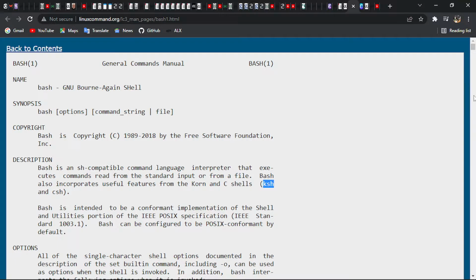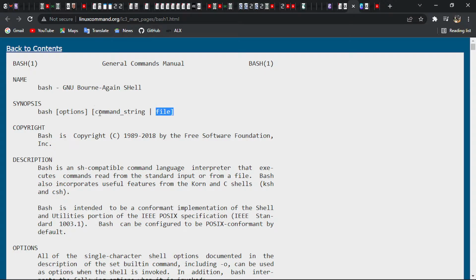So actually I am not going to talk too much about this, but when you want to use bash, you can write bash, then an option, then the command, then the file.